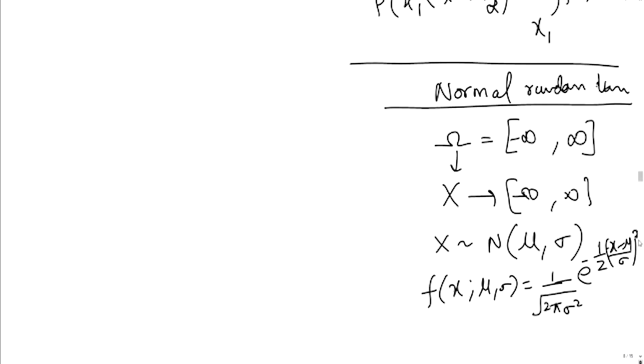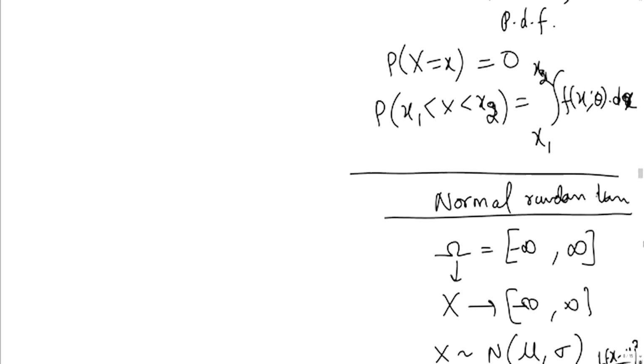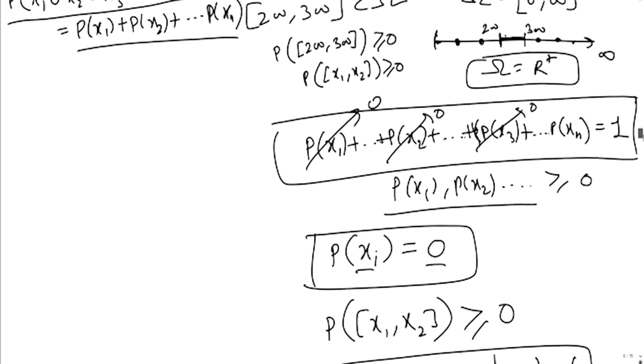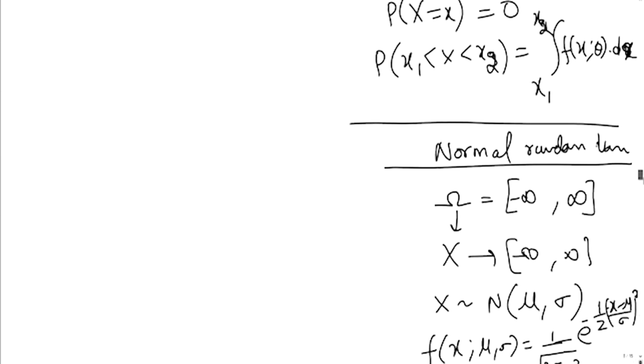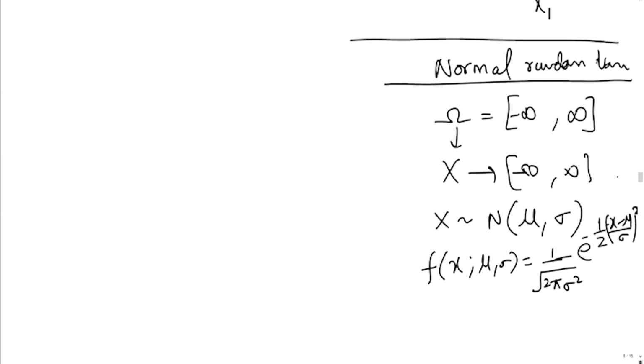This is the probability density function of a normal distribution. But of course, it should follow certain properties; only then does it make sense to assume that a random variable has a normal distribution. We will see what those properties are. For example, think about the recognition time experiment, where participants have to recognize whether it's a meaningful word or not, and we record their recognition times. Can you assume that recognition times come from a normal distribution with mean mu and standard deviation sigma?